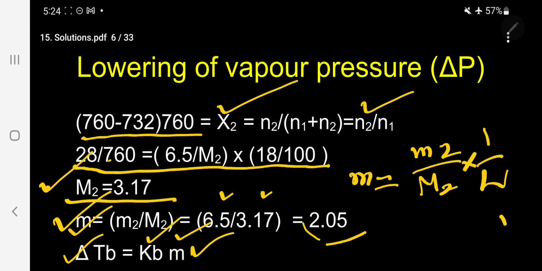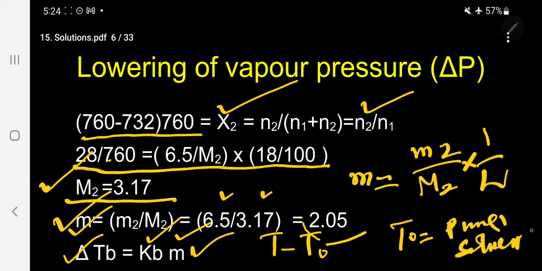Kb is given as 0.52 for water. What is delta Tb? Delta Tb equal to T minus T naught. What is T naught? It is the boiling point of the pure solvent, and T is that of the solution. Please follow. The question asks, what is the boiling point of the solution? So they are asking only T.